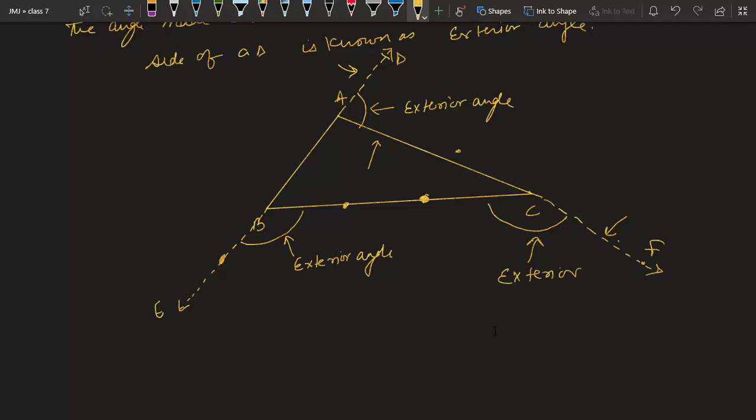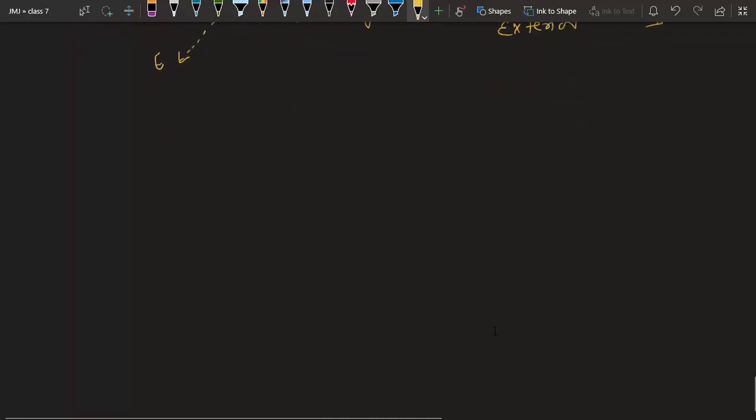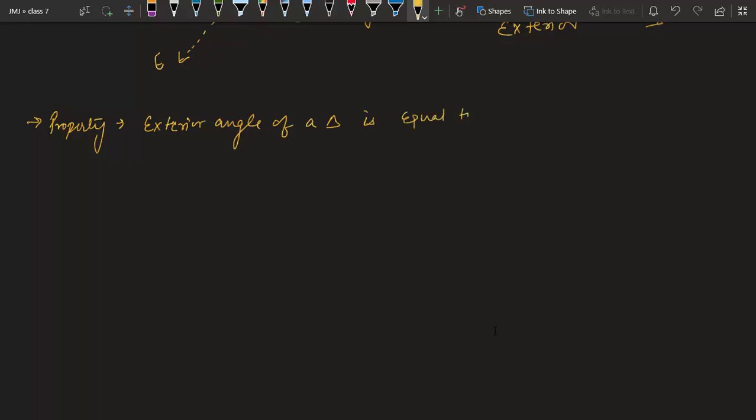Okay, now we shall see the properties of exterior angles. One second. So you can say property is exterior angle of a triangle is equal to sum of interior opposite angles.